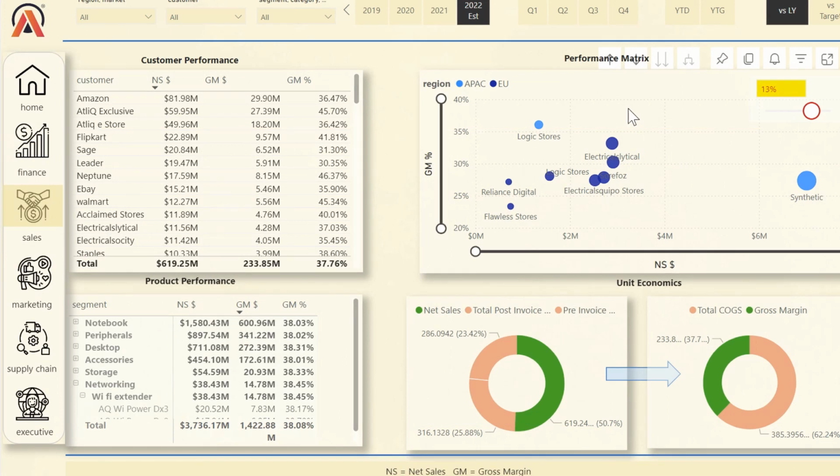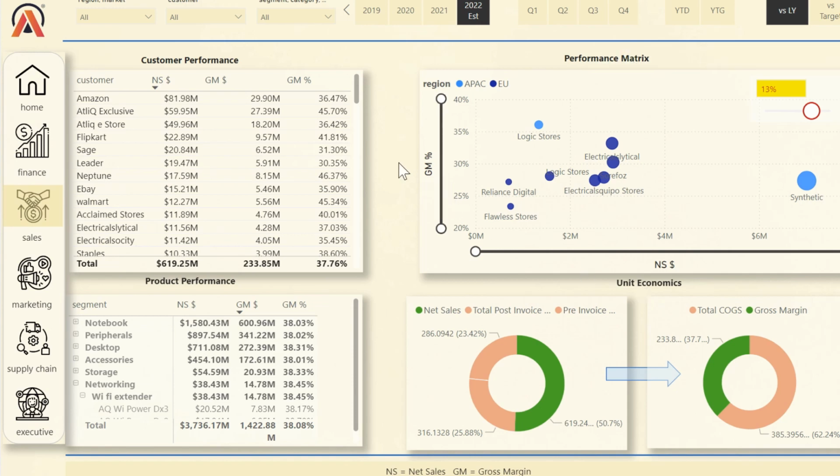So this is my sales view. Here the slicers that we have used in the finance view are used. And we have four different types of visualizations. We have customer performance metrics, product performance, and unit economics.